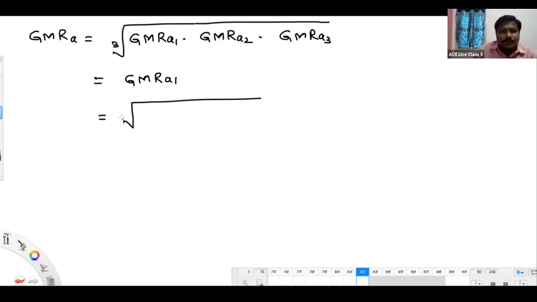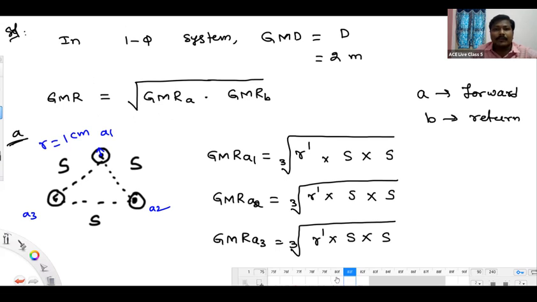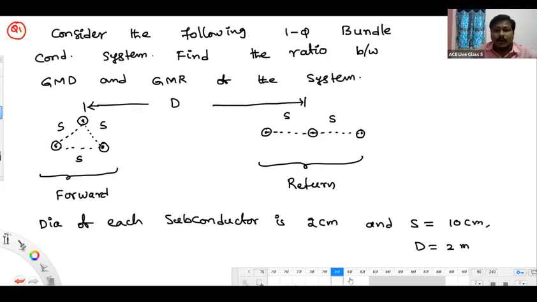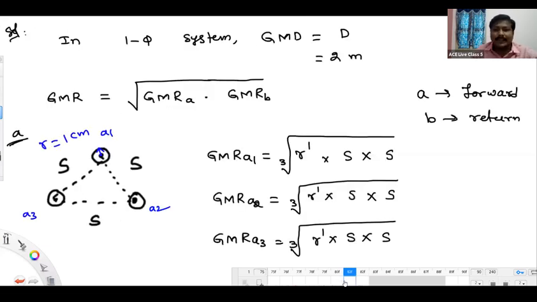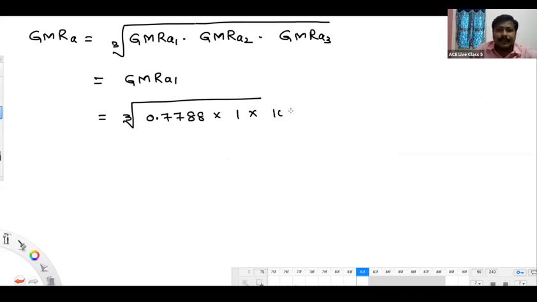It will be the cube root of R dash, 0.7788 into the radius, which is 1 centimeter, into S into S, where S is given as 10 centimeters, so 10 into 10. So 4.27 centimeters is the GMR of phase A.